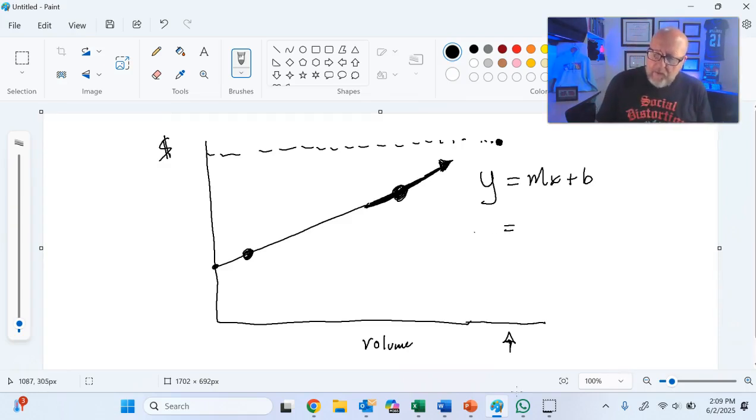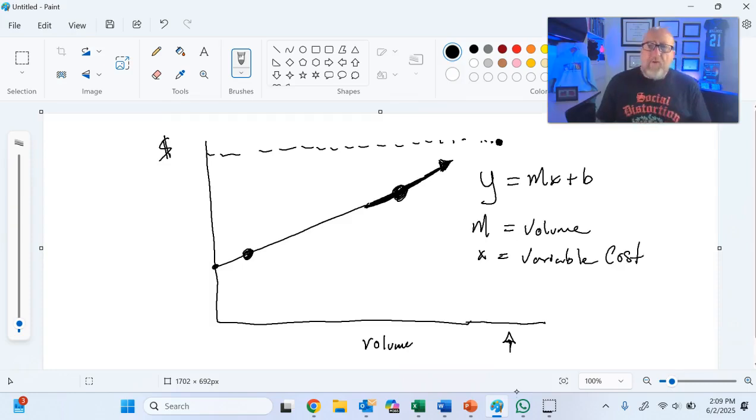And in this example, m is the volume. How many units am I going to produce? x is my variable cost for every additional unit I produce.